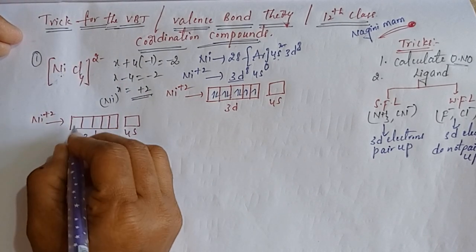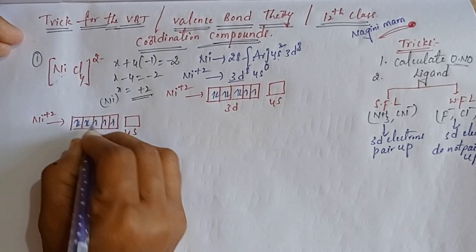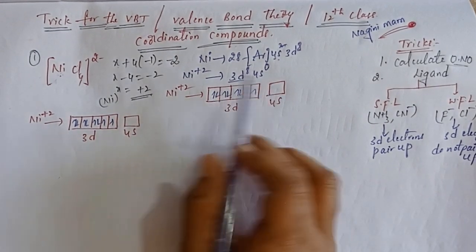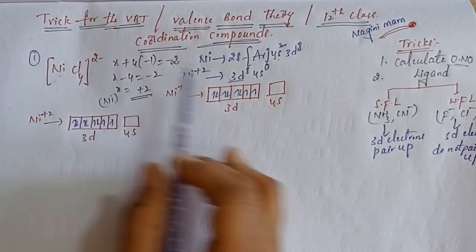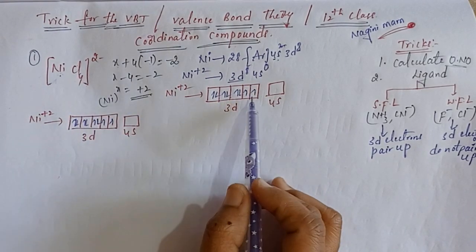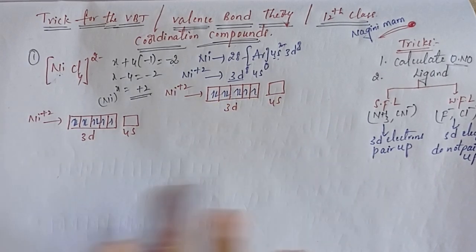In total there are 8 electrons: 1, 2, 3, 4, 5, 6, 7, 8. Are you understanding? If it were a strong ligand, the 3d electrons would get paired. But here it is a weak ligand, so the unpaired electrons stay as they are and will not get paired.